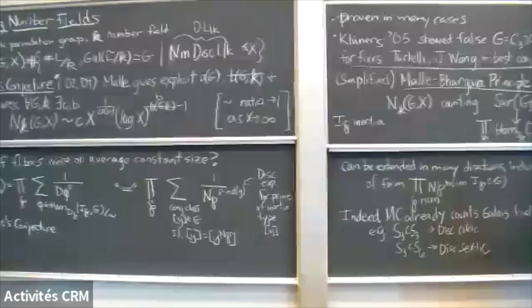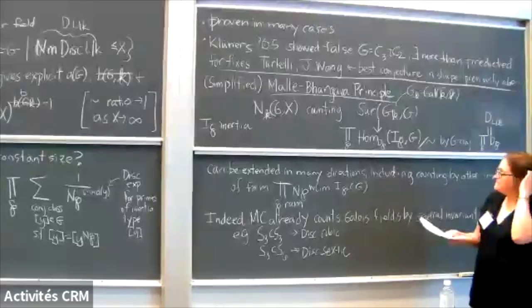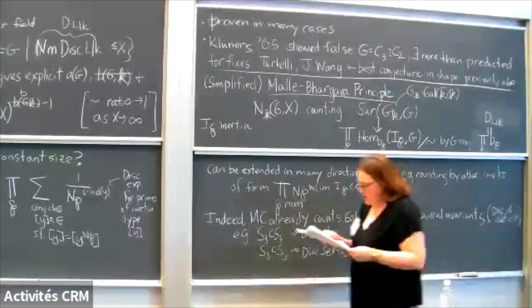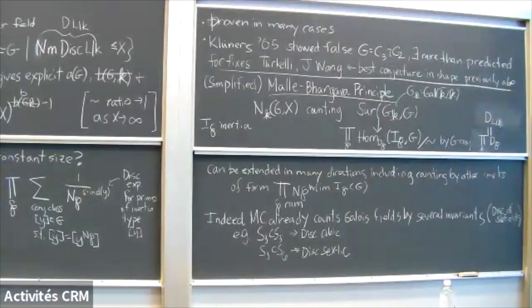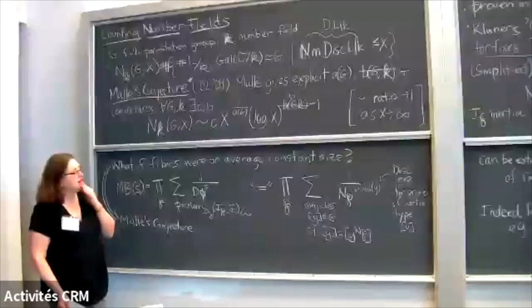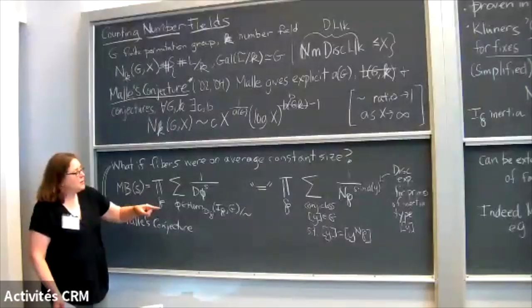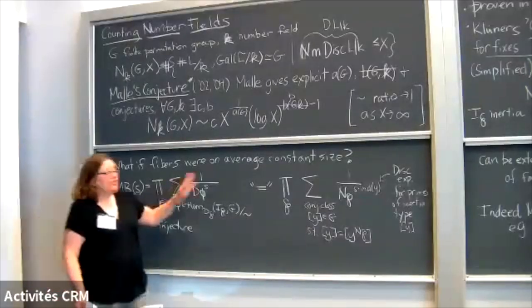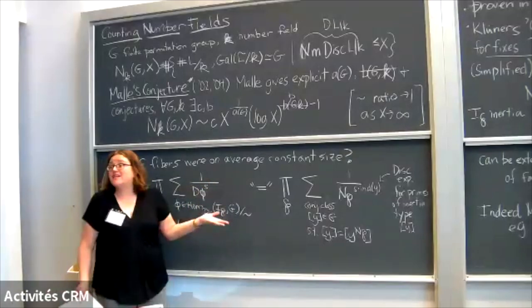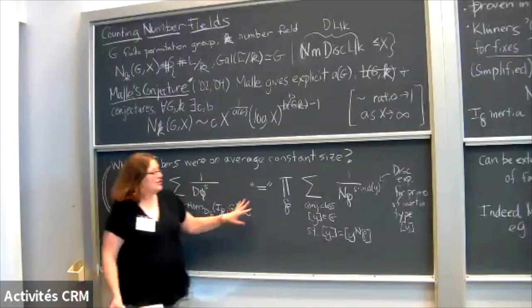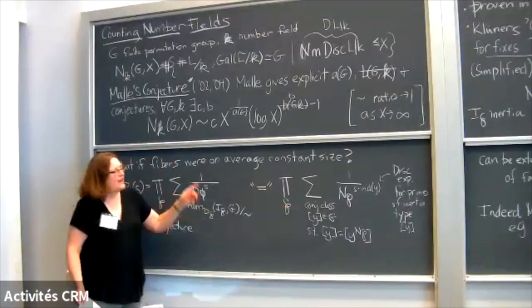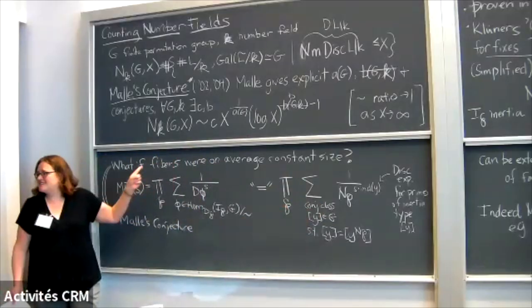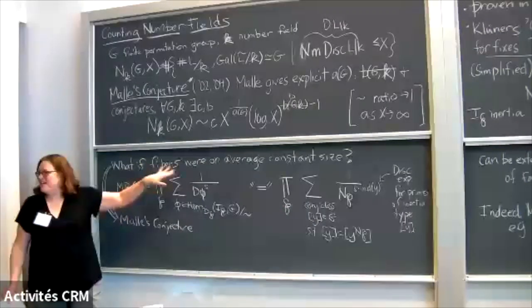Another way in which you might extend the principle is to think that maybe it gives some insight into the constant in this asymptotic counting. There was some ambiguous constant here, but maybe you could understand that.